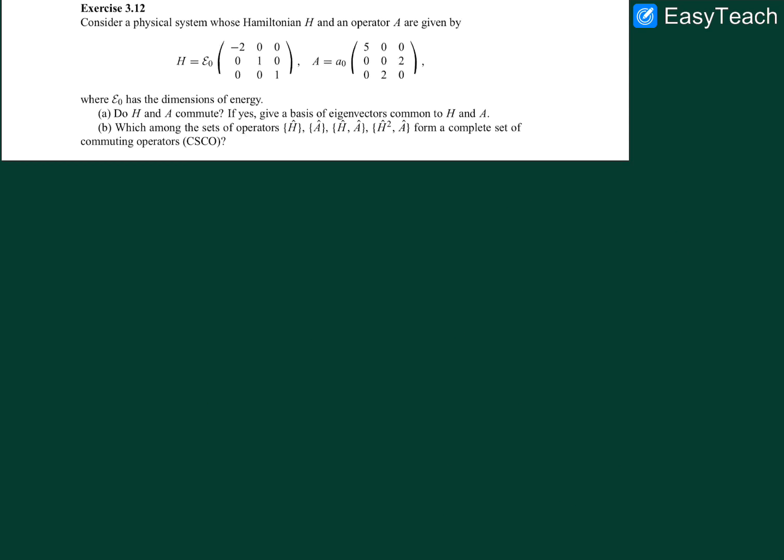So we can say that h1 was equal to a1, h2 was equal to a3, and h3 was equal to a2.